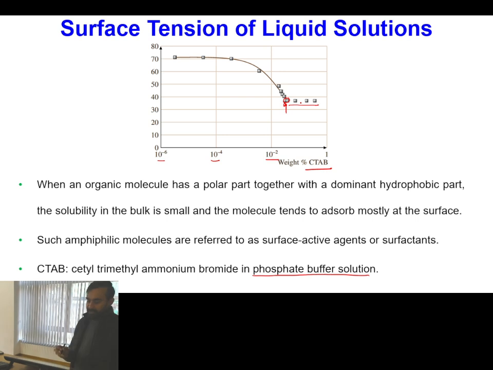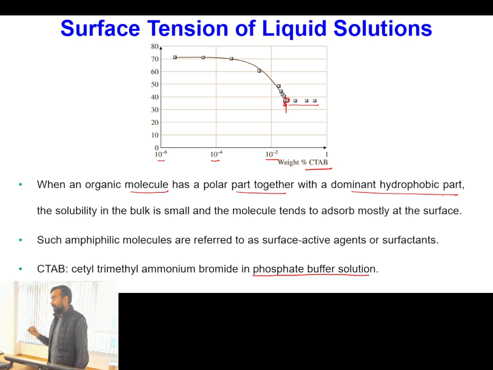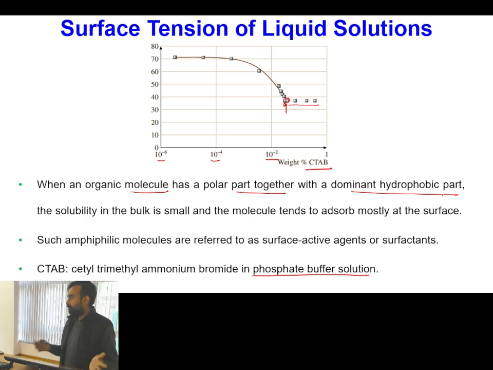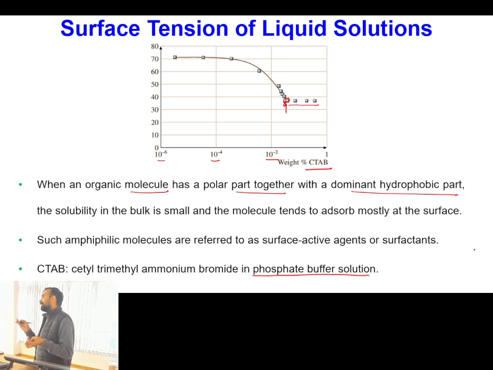Typically when an organic molecule has both a polar part and a hydrophobic part, then ultimately what will be happening? The hydrophobic part will try to repel it from the bulk, and the polar part will try to significantly alter the molecular forces near the interface.